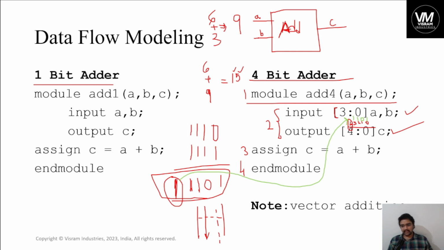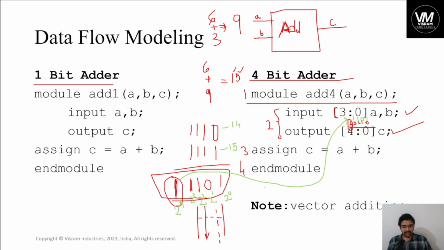If you are still confused, you can see this is decimal 14, this is 15, and if you add, your answer should be 29. If you see the value of the output, this is again 2 power 0, 2 power 1, 2 power 2, 2 power 3, and 2 power 4.